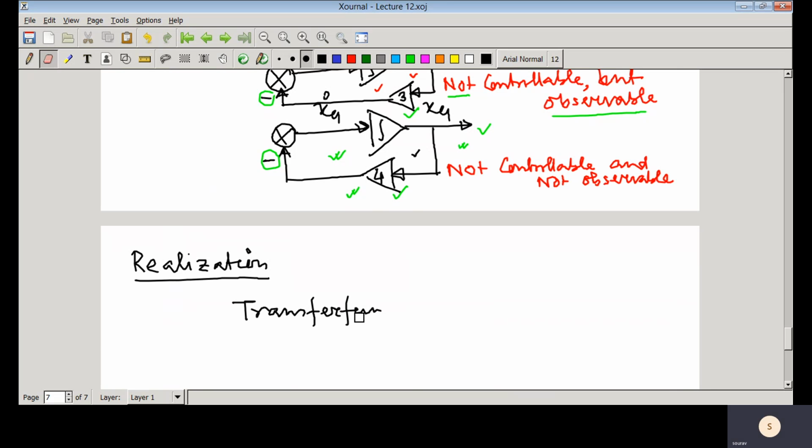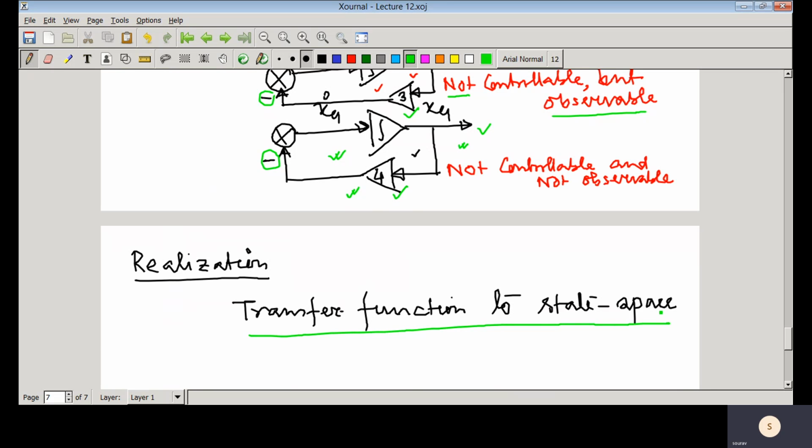Realization means transfer function to state space. So this particular problem is called the realization problem.